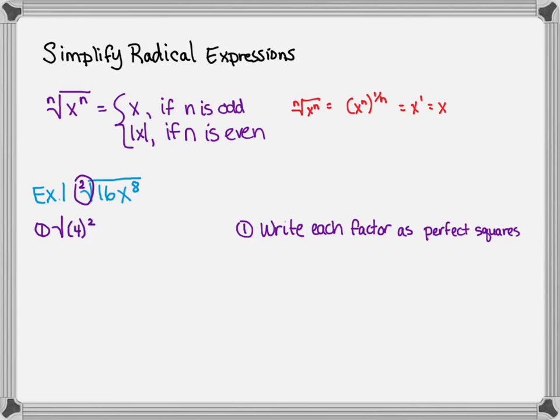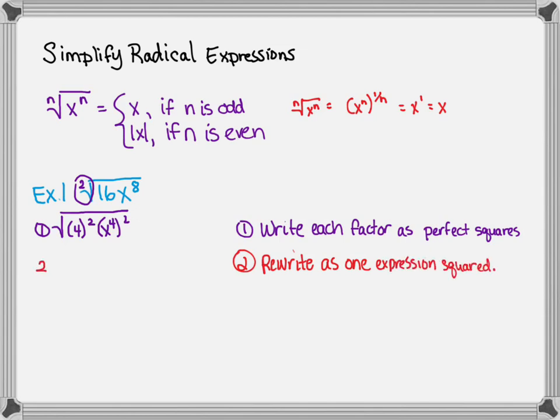So I can rewrite 16 as 4 squared, and x to the 8th I can rewrite as x to the 4th squared. Now we will rewrite as one expression squared. So I can rewrite this as the square root of 4x to the 4th quantity squared.